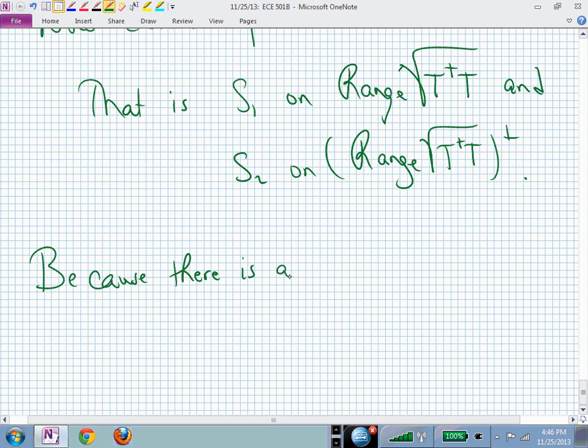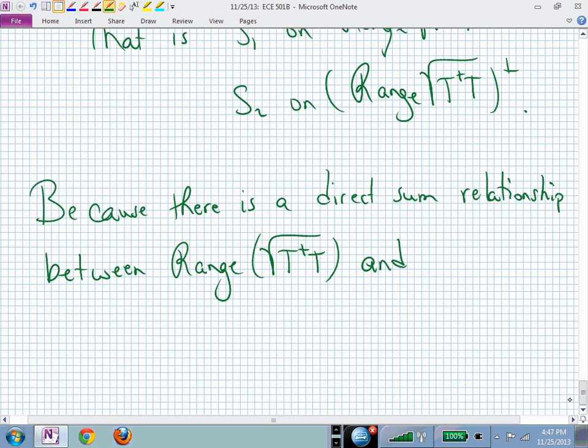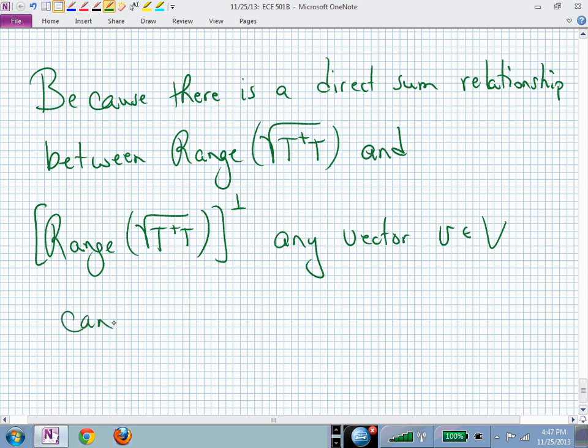Because there is a direct sum relationship between the range of T dagger T and its orthogonal complement, we can then take any vector little v in our vector space V and represent it in two different pieces.